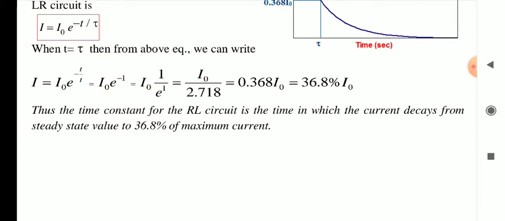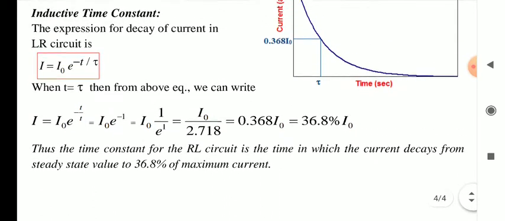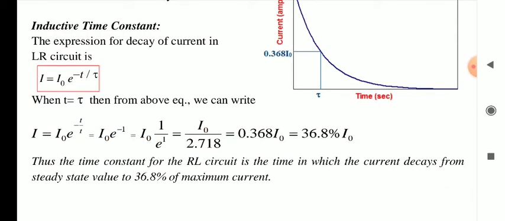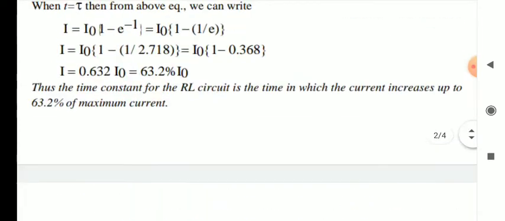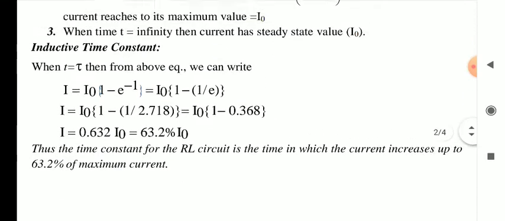The time constant for an RL circuit is the time in which the current decays from the steady state value to 36.8% of the maximum current, or the time constant of an RL circuit is the time in which the current increases from 0 to the steady state value, reaching 63.2% of the maximum current.